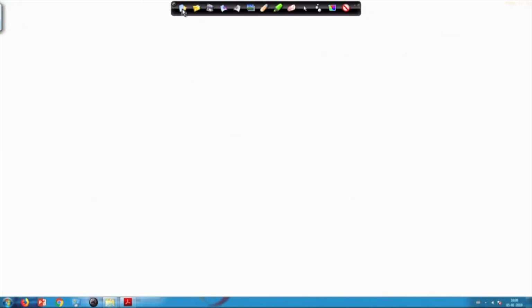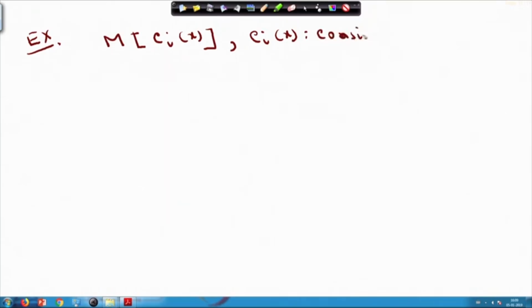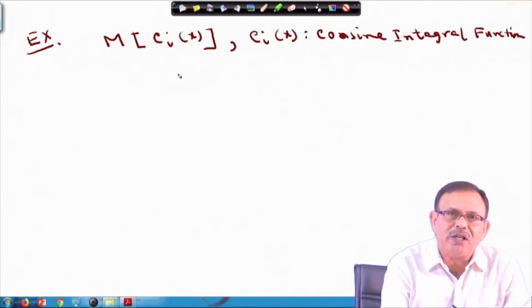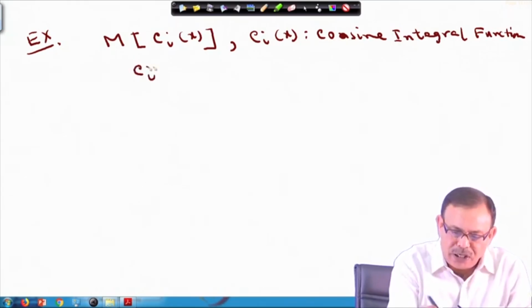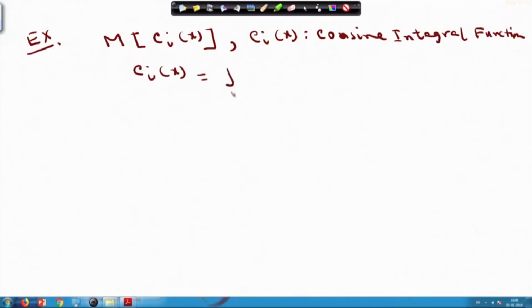Now, let us take another useful function, that is we want to find out the Mellin transform of, say, Ci x, where Ci x is nothing but the cosine integral function, and Ci x is defined as the integral from x to infinity of cos t by t dt.